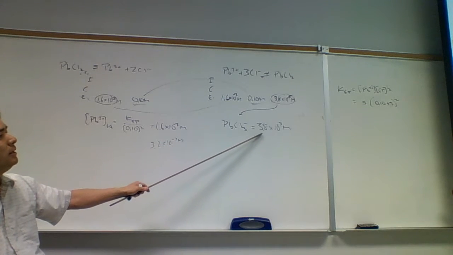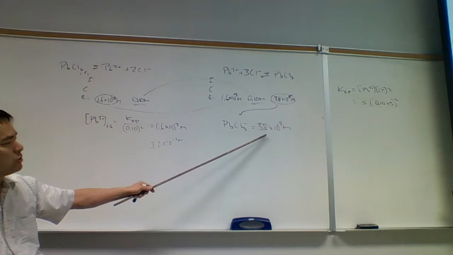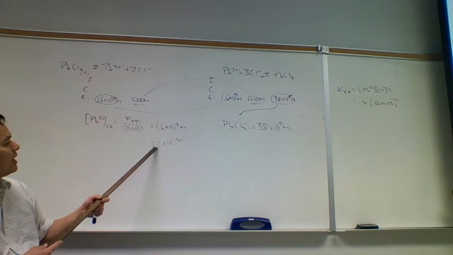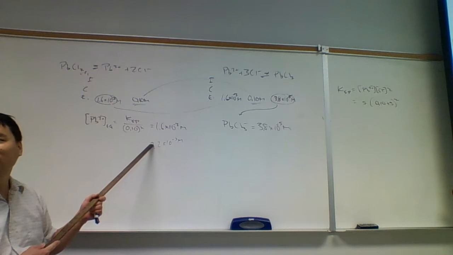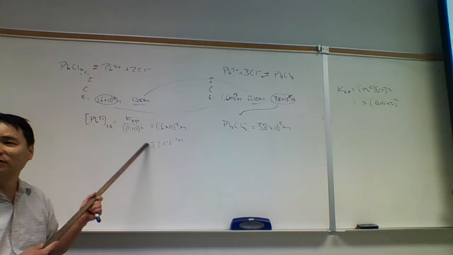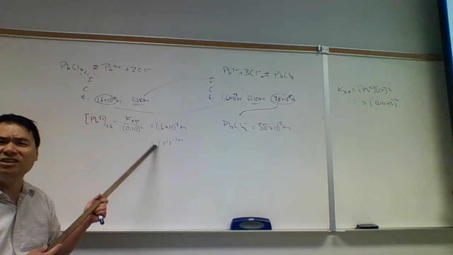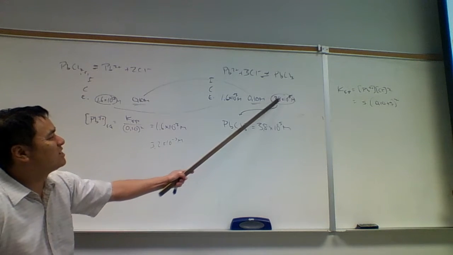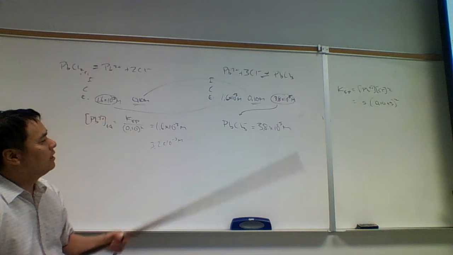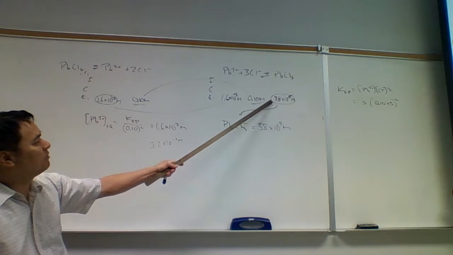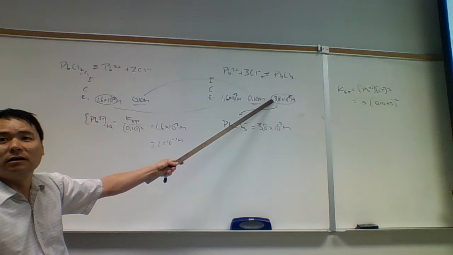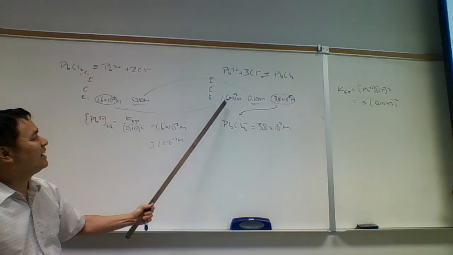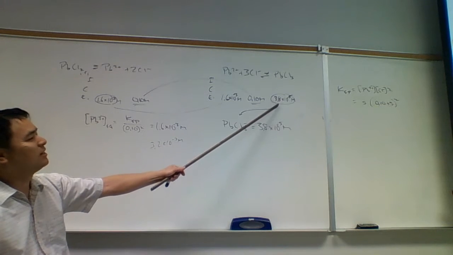Let's say that's 4, so 3 times 4 is 12 times 10 to the minus 5. I have some extra left over here, so I could use that. But if I have extra left over here, what happens to the unused portion? So anyway, the chlorides don't match. And the other question is, where did that lead come from? This lead I know came from PbCl2. Where did this lead come from?